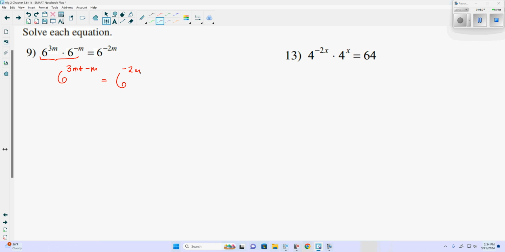We need it as a single term, because if it's not a single term, our one-to-one property doesn't work. So you're good. Now the left-hand side, our 6 to the 3m plus negative m would be 6 to the 2m.